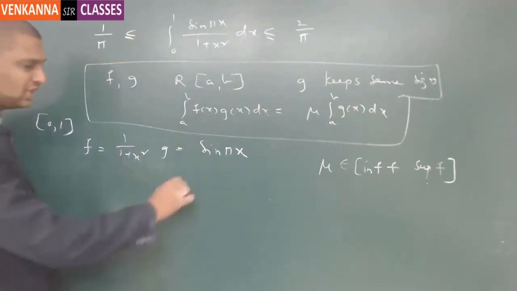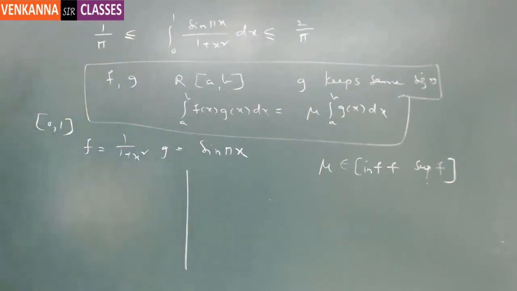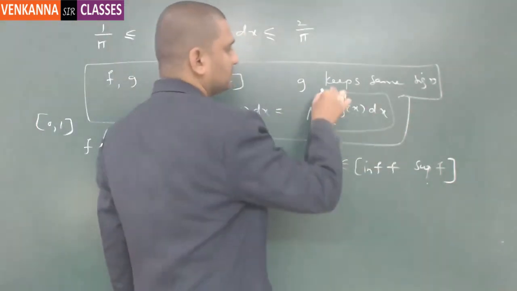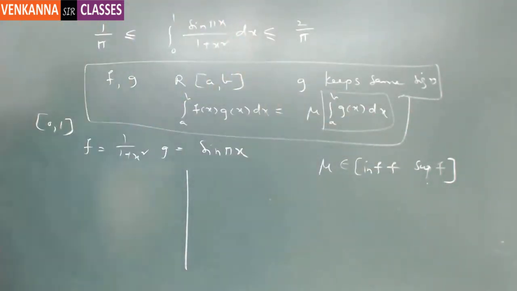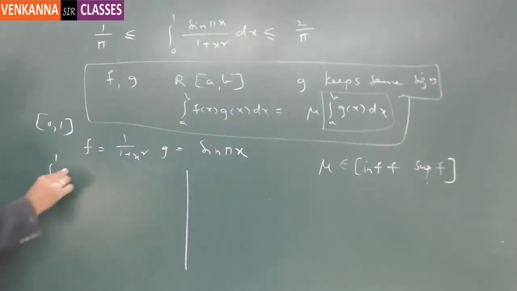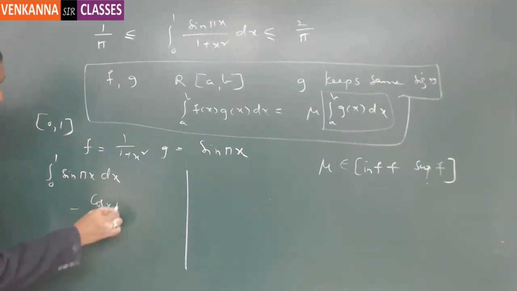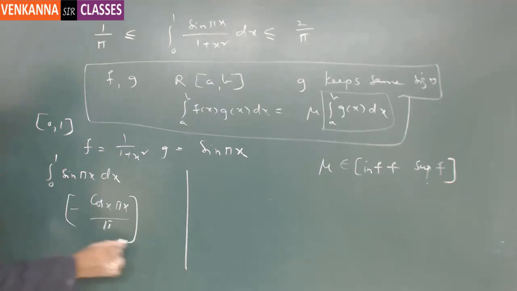Now here comes the situation. First you are going to evaluate this integral part. So you are going to calculate integral 0 to 1 sin pi x dx. And what is the integration of this one? Minus cos pi x by pi between the limits 0 to 1. And what is the value here?